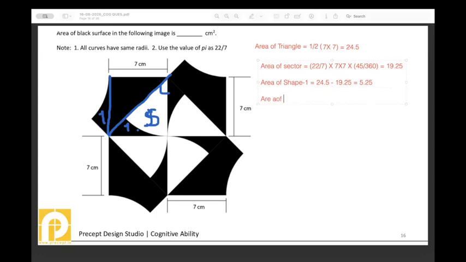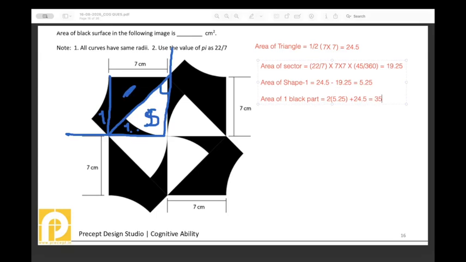So the area of one black part is this much. There are 2 shape 1, so 2 into 5.25 plus 24.5, which is the area of the triangle.